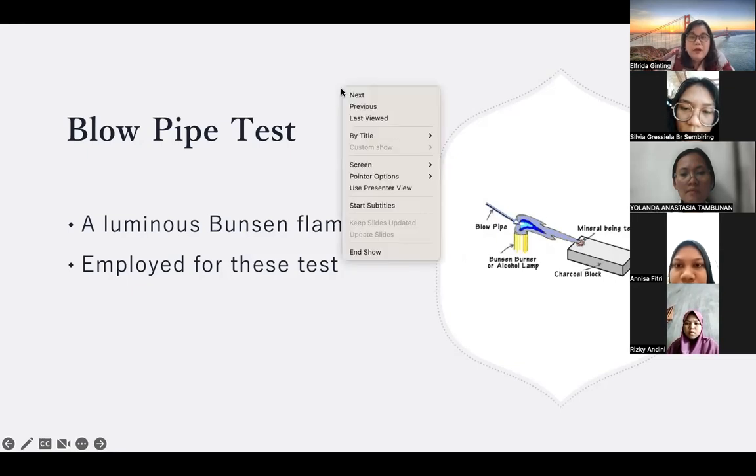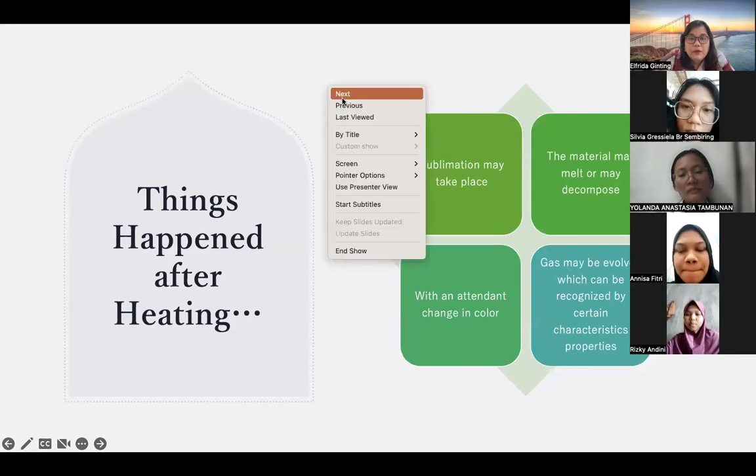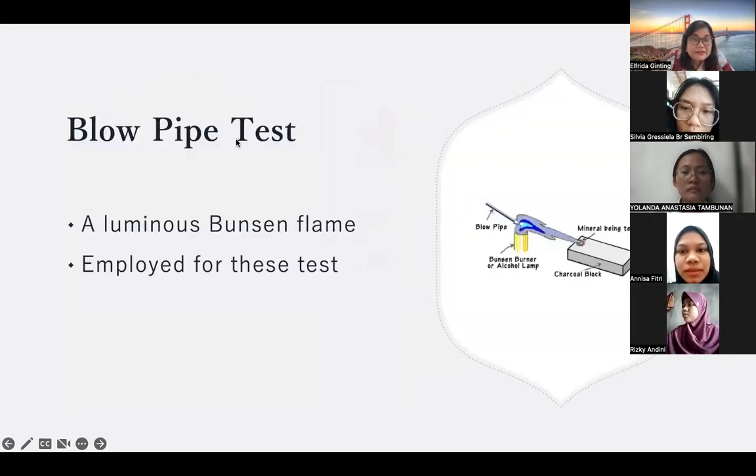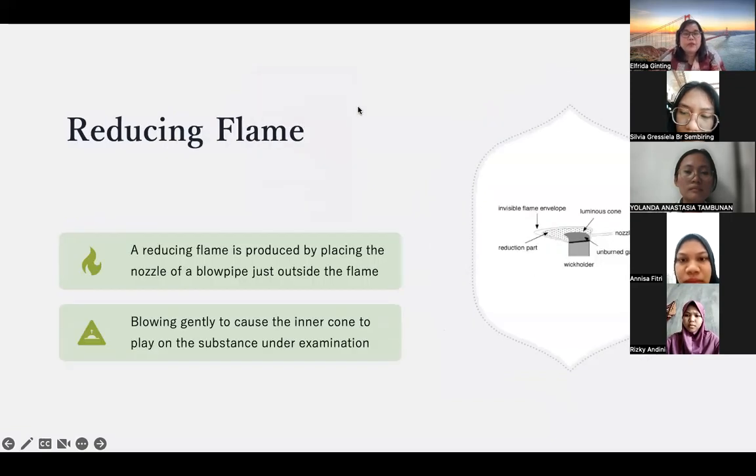So it's different from what we see in here, where you directly approach the material into the Bunsen burner. But for blowpipe tests, you blow the flame so that it can touch the material. So you don't put the material directly into the flame.